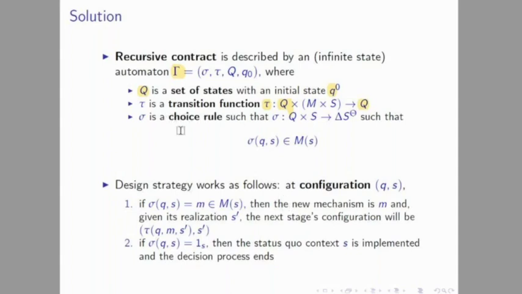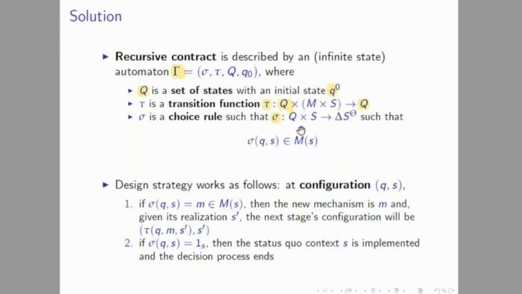And then there is a choice rule, or renegotiation function. In the current version of the paper, I call it the renegotiation function, sigma, which is conditioned on the current state Q and the current context in which the mechanism is designed.